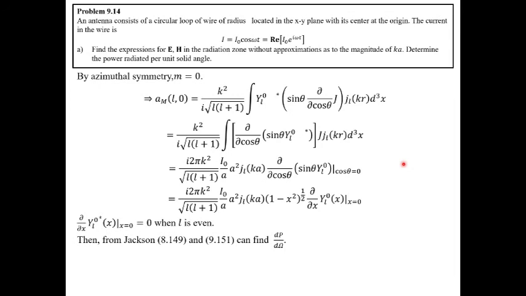So the normalization factor A for the magnetic field can be sorted as this, where this term equals 0 when l is even. Therefore, from Jackson 9.149 and 9.151, we can find the dP over d omega. So problem A is solved.